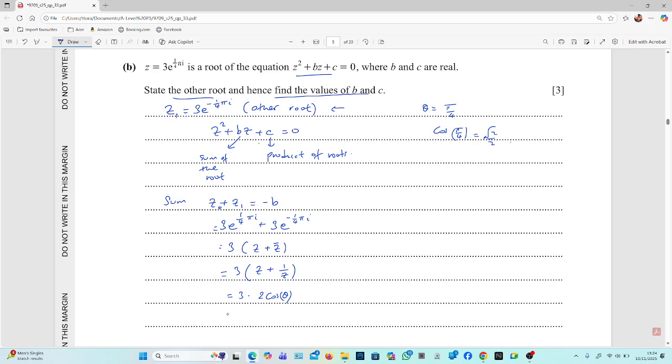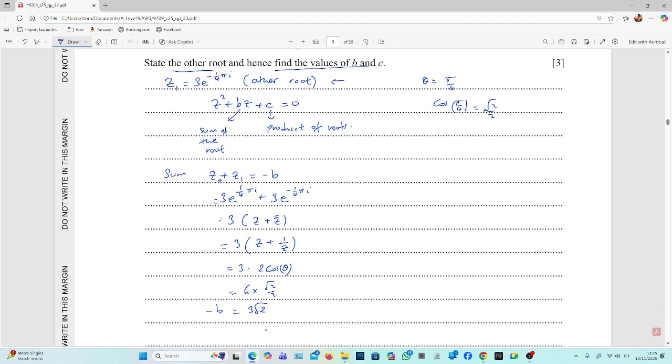So 3 times 2 is 6, and 6 times root 2 over 2 gives us 3 root 2. And because this whole thing is minus b, we have b as minus 3 root 2. Now that's the value of b.